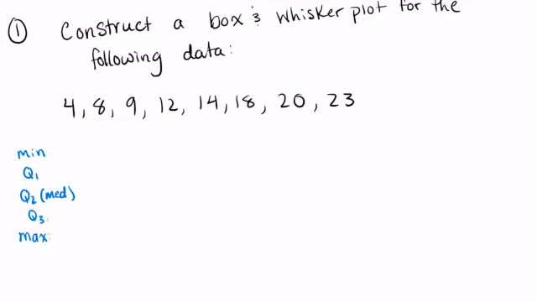So first thing I find, once my numbers are in order from least to greatest, I find my min and max. That's always going to be the easiest two things to find first. So my minimum's at 4, my maximum's at 23. And next, I'm going to find my median. Remember, to find my median, I'm going to cross off my first, cross off my last, and then continue this pattern until I'm left with either 1 or 2 numbers in the middle.